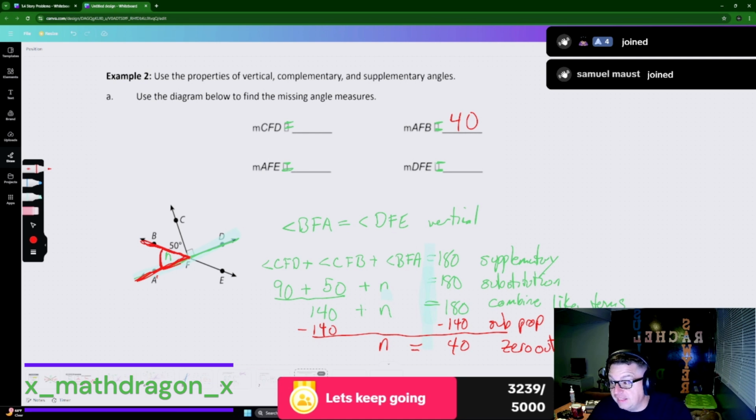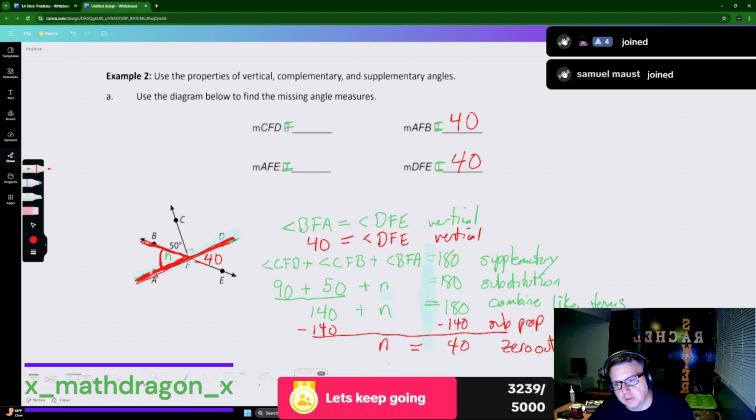But once we say that that's 40 degrees, remember, go back to this. BFA equals 40. So what is the other angle that equals 40? Because of vertical angles, DFE. So this is 40 as well. And then once I know this is 40, I've got a linear pair here.